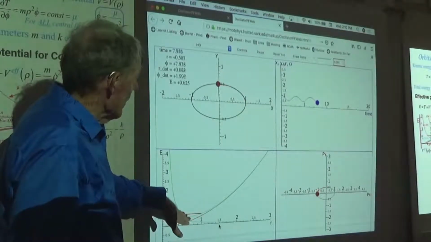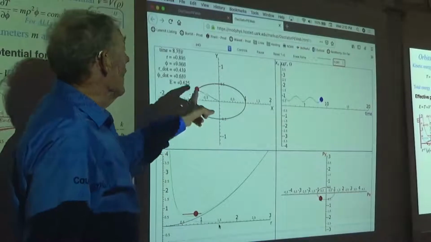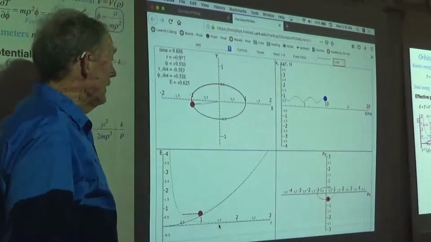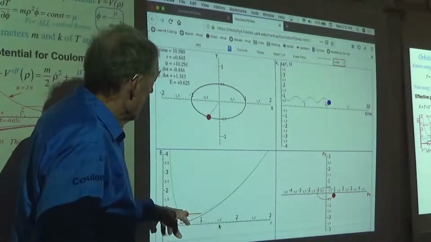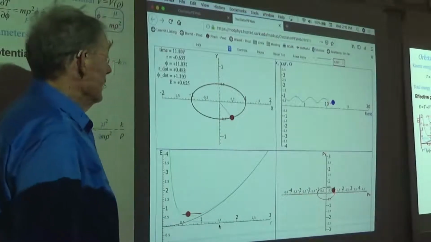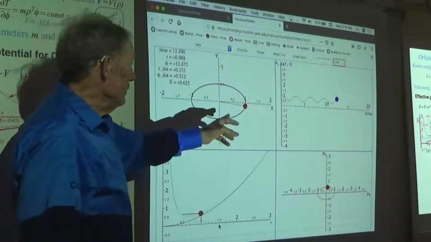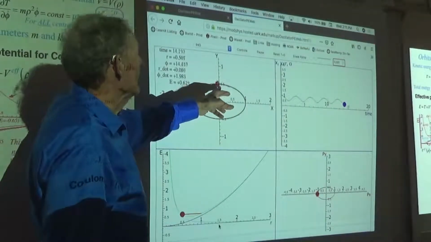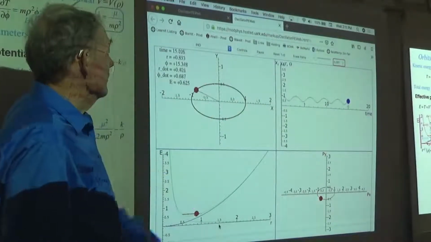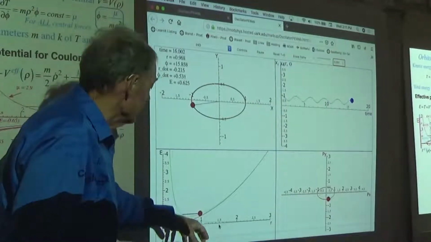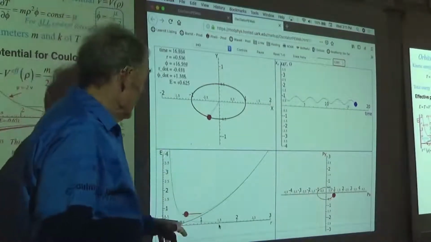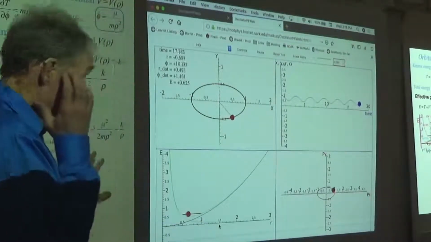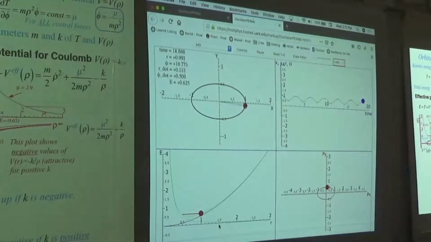You describe what's happening if you could ride on that blue line and watch the thing go to its apogee, and then to its perigee, and then back again to the apogee, and then back again to the perigee. So just to remind you that that's what's going on in that case.